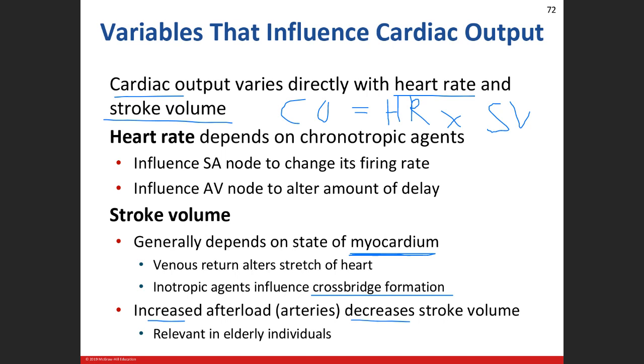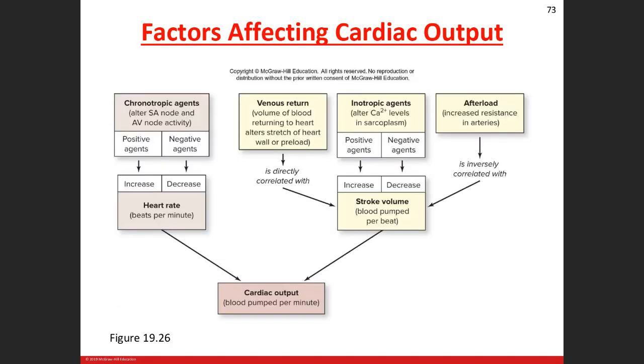So when you look here, that's why this is really important. This part, I think, is the easier part, the chronotropic agents. The positive increase heart rate, the negative decrease. Then we get to venous return, inotropic, and the afterload. But keep in mind, if you increase venous return, you will increase stroke volume.